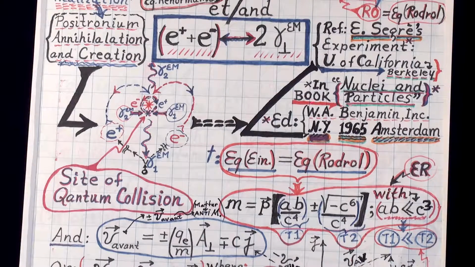This could be verified in Emilio Segre's book called Nuclei and Particles, with the editor W.A. Benjamin, published in 1965 in Amsterdam. So you see here the equation of one positive electron and one negative electron giving two gamma rays, electromagnetic. So you start with something that has matter, which is transferred to electromagnetic energy.